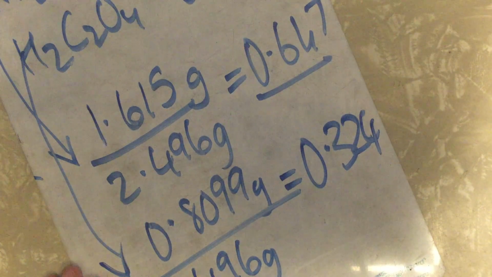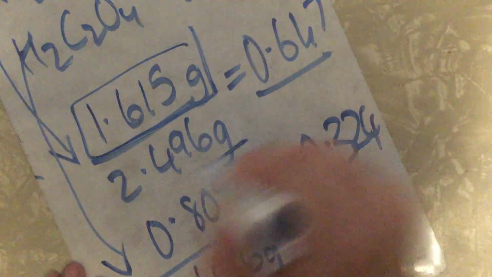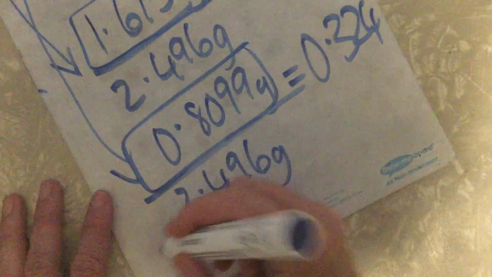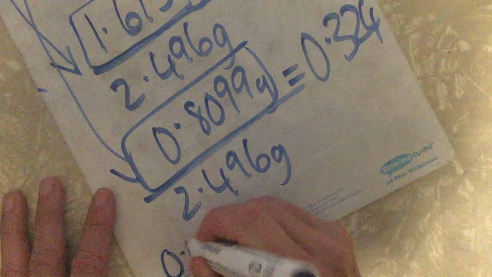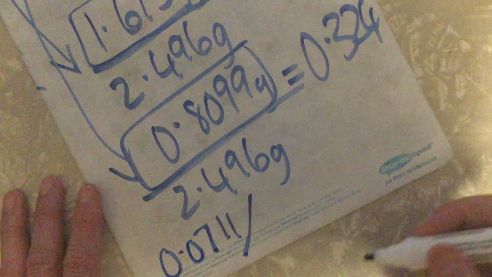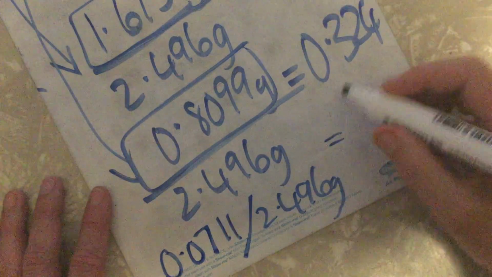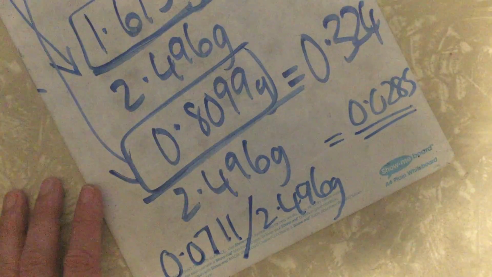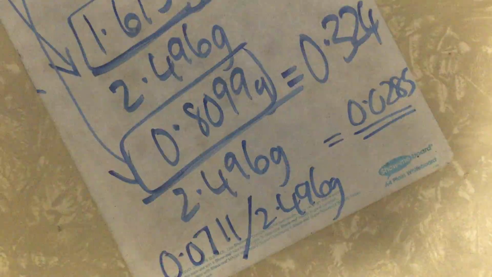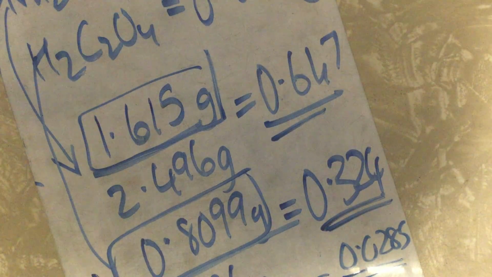And our last one is the difference. So if we add the 1.615 to the 0.8099, and we subtract that from the total, we get the difference, which is 0.0711, which is our impurity, over 2.496 grams, and that is 0.0285, which is our mass fraction of the impurity. So those are our three answers. Boom.